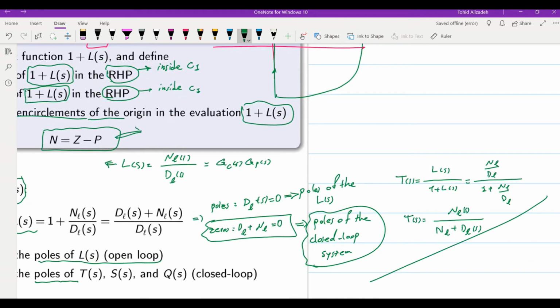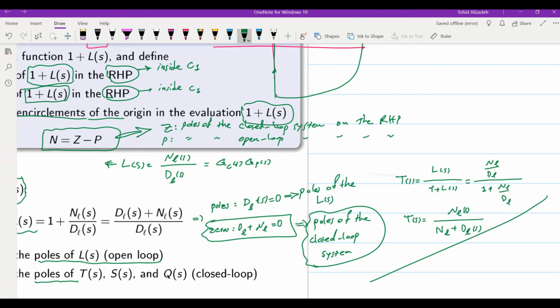In other terms, over here, Z will be the poles of the closed loop system on the right half plane, and P will be poles of the open loop system on the right half plane.